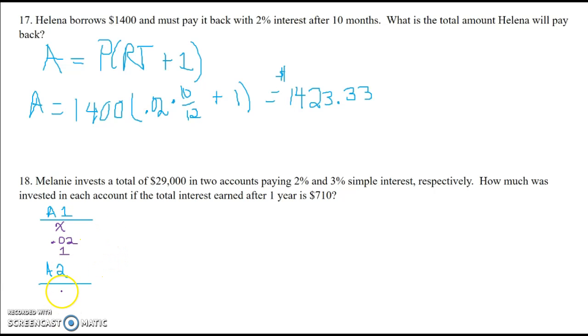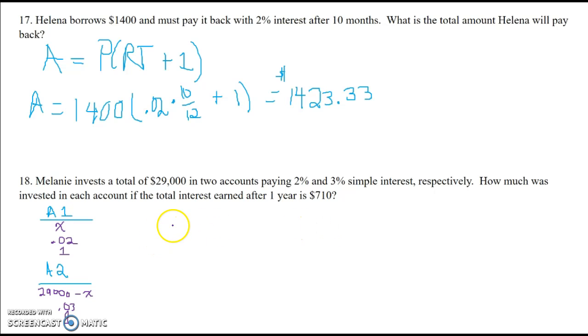In account 2, I'm not sure how much to put, but I do know that if I have $29,000 total and I put X in account 1, in account 2 I'm going to have $29,000 minus X. That's going to be at 3% simple interest, and that's going to be for 1 year.